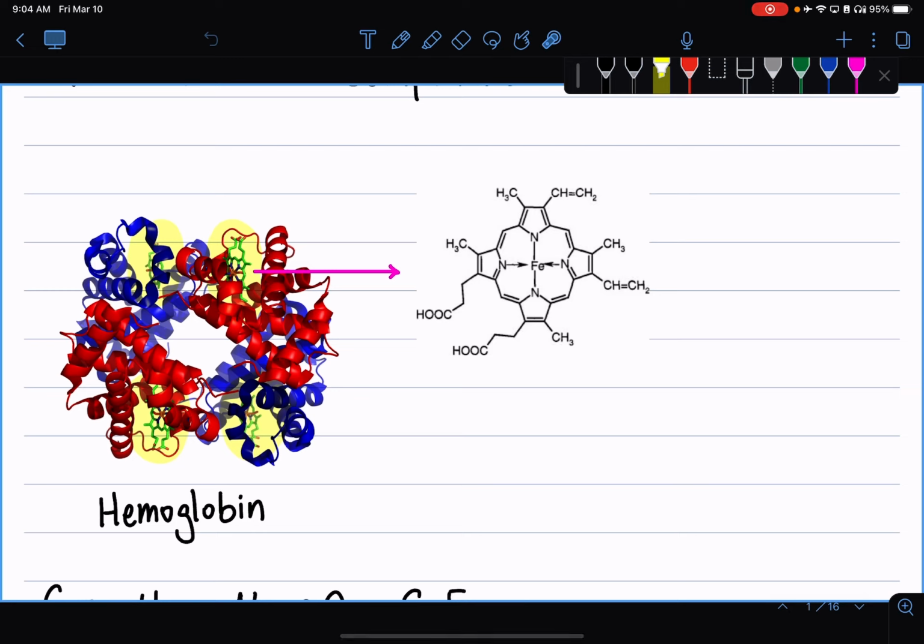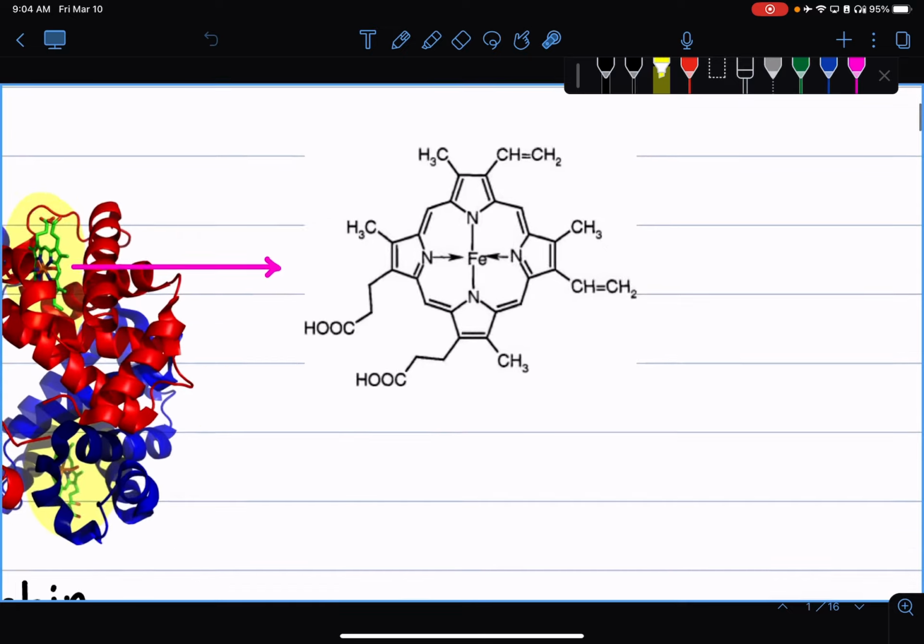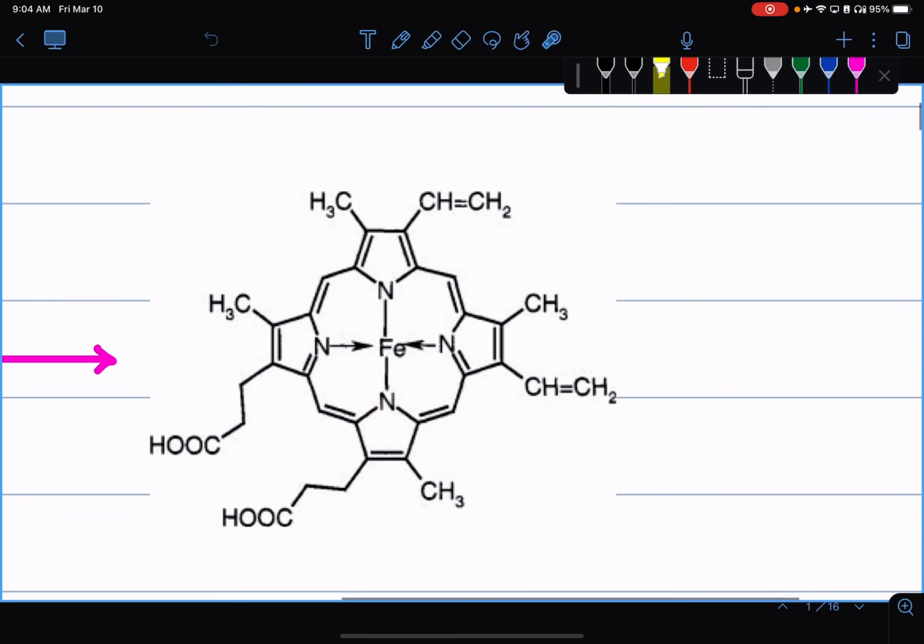So in hemoglobin, the reason it can carry oxygen around in our blood is because of these iron heme units in the hemoglobin protein. So I've highlighted here that's an iron-containing complex. So this is a typical type of transition metal complex.